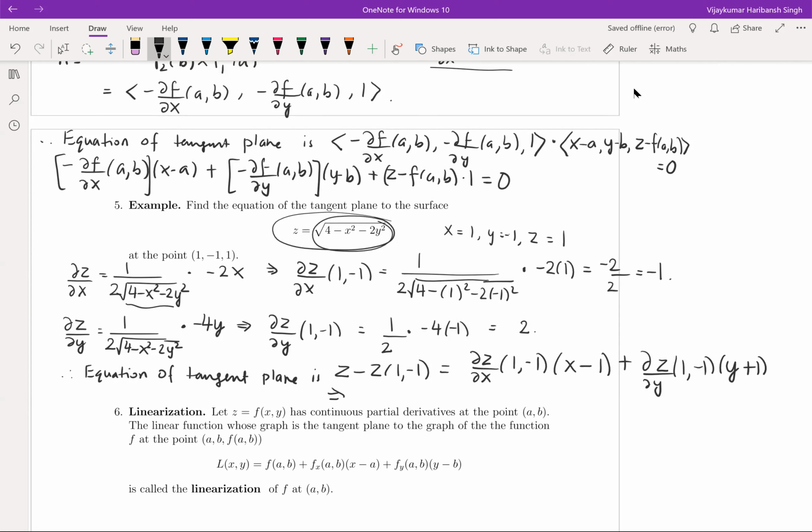So this gives me the equation of the plane: z minus 1 equals, this is already computed to be, minus 1 times x minus 1 plus 2 times y plus 1. So this is our equation of the tangent plane here. Okay.